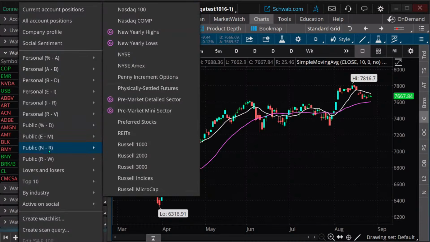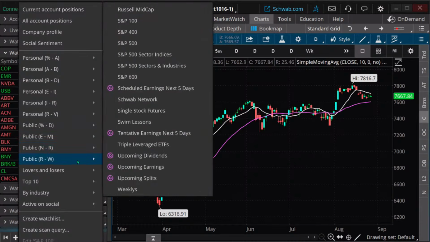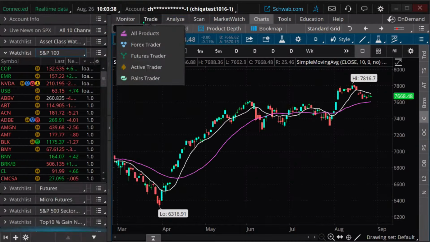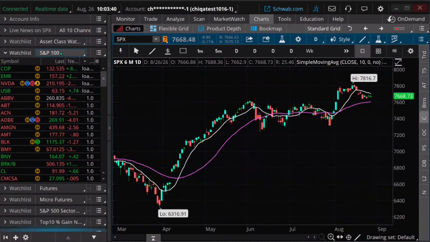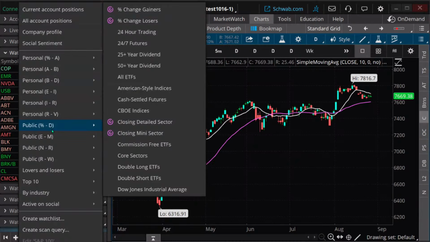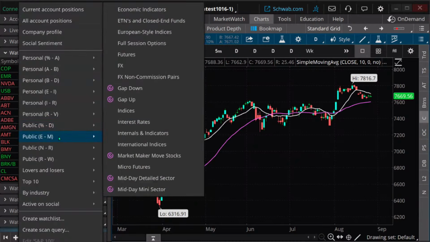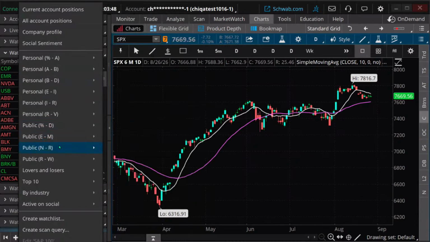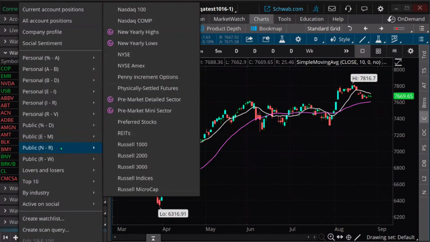But when you're an options trader, one of the key things you need to worry about is liquidity. So if you're going to use a public watch list, you're probably not going to just throw in all these particular stocks. I would even caution, I could do the Russell 1000, which has 1,000 stocks in it.